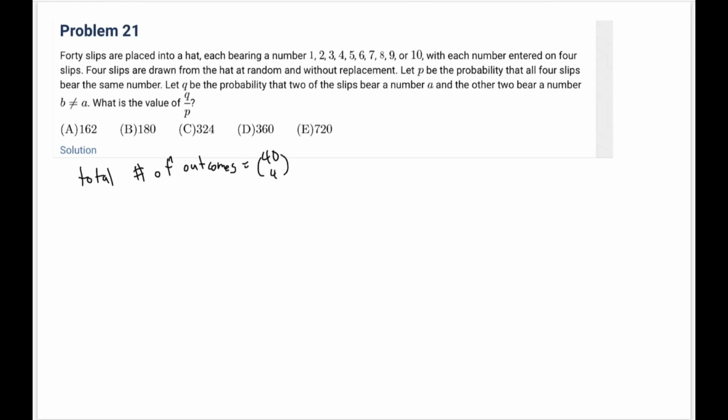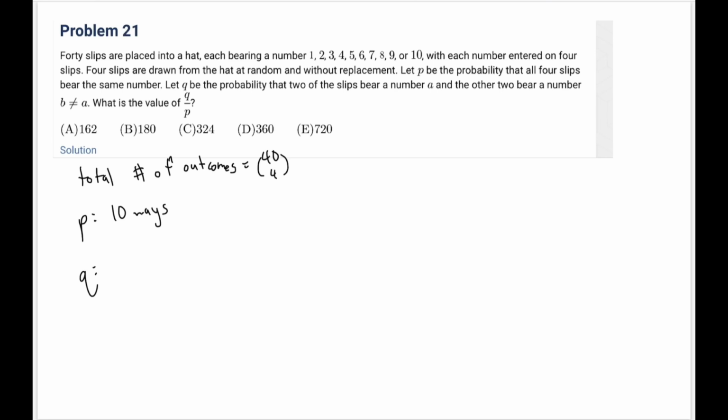But then for P there will be only 10 ways that it could happen. And then Q, 2 of the slips bear a number A and the other 2 bear a number B not equal to A.